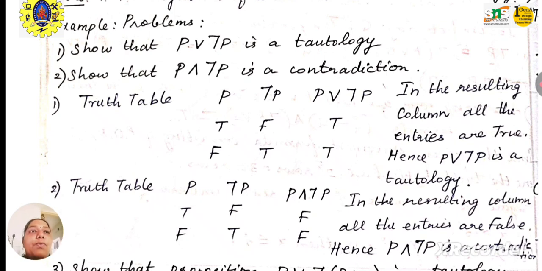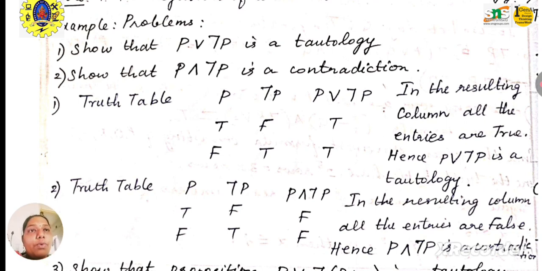Negation p is the opposite of p, so true gives false and false gives true. Now p or negation p is true if any one value is true. So true, false gives true, and false, true gives true. Then the given statement is a tautology.